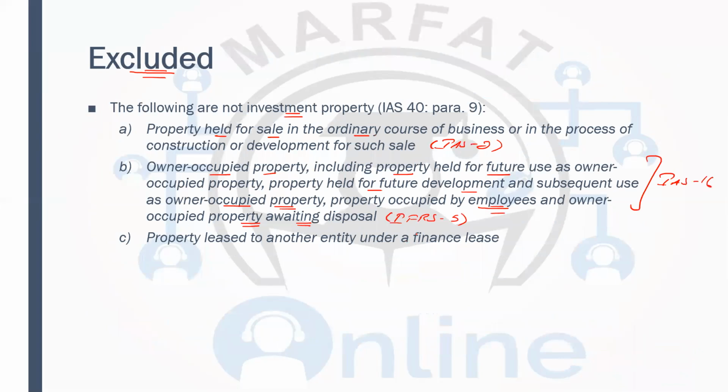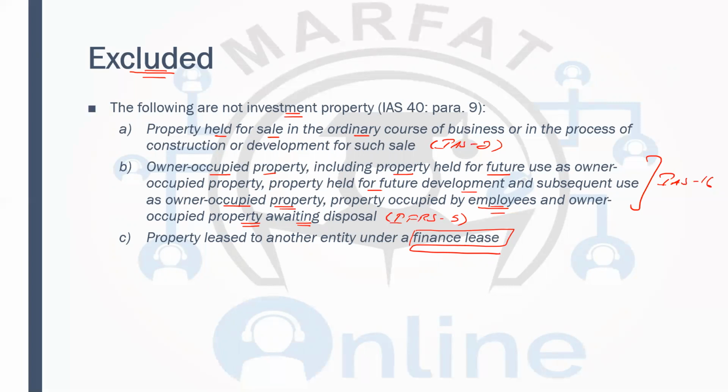But if the property is being leased out under a finance lease, now both in the operating lease and the finance lease, lease payments are being made. Lease payments are common in both types of leases. In the operating lease, you make the lease payments. In the finance lease, you make the lease payments. The difference is that in the operating lease, it's a rental arrangement.